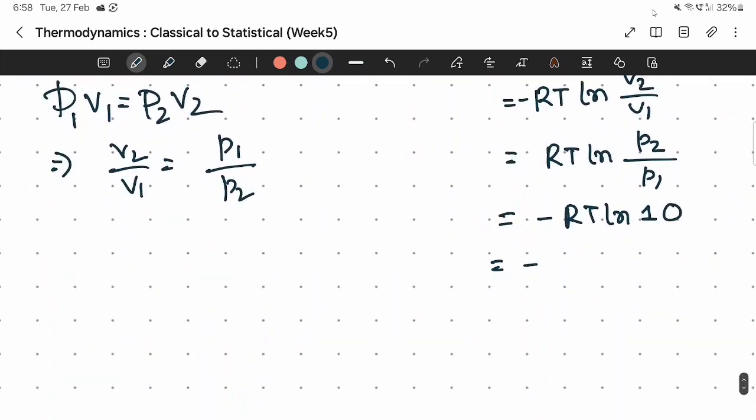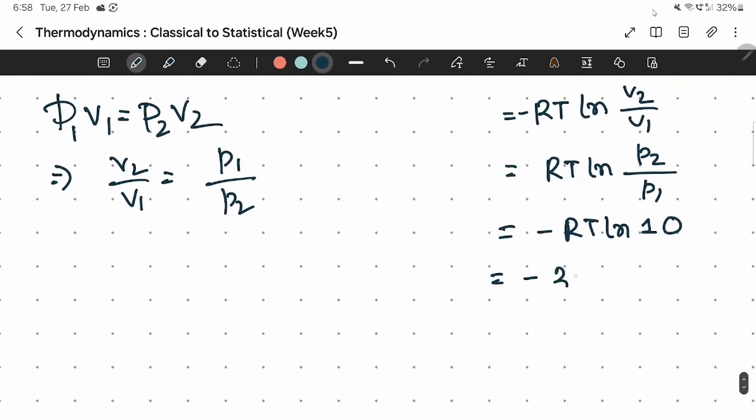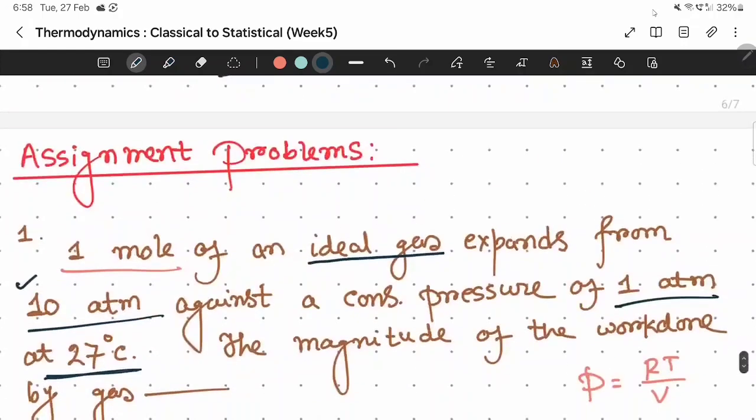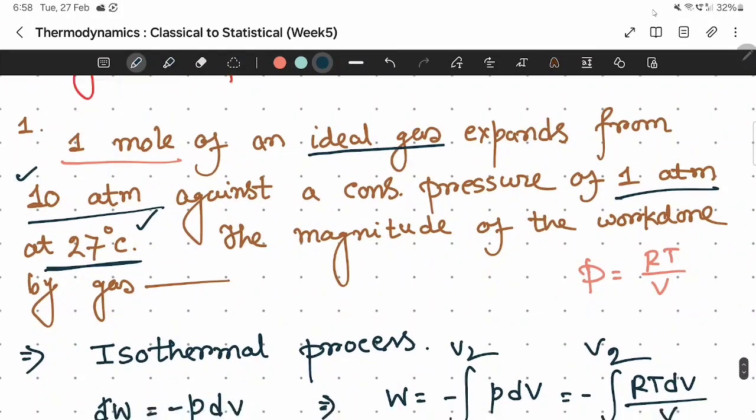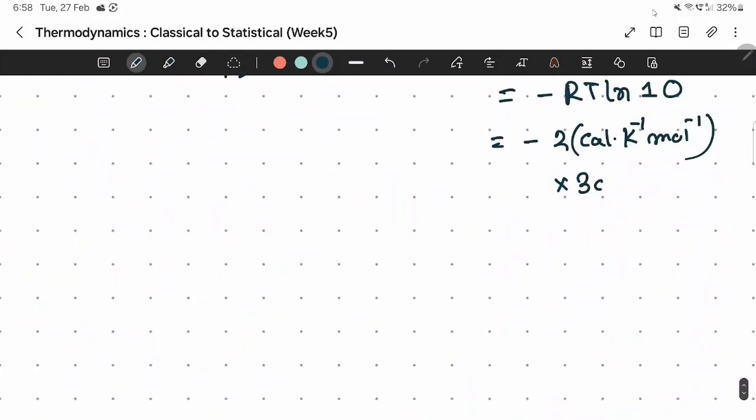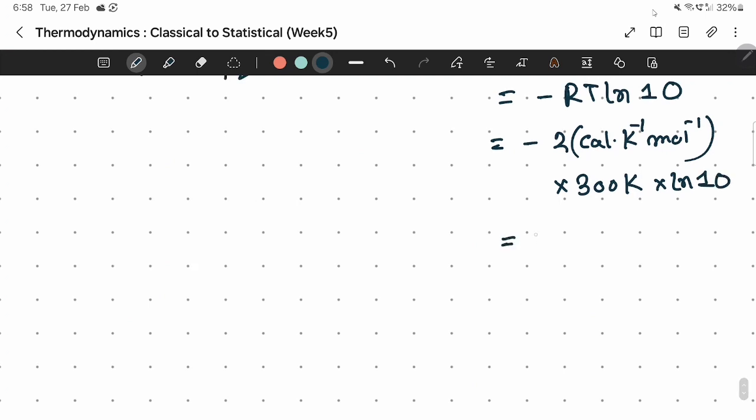So we have to use the calorie. So it is 2 calorie per Kelvin per mole into T. What is T here? 27 means it is 300 Kelvin. So it is minus 2 into 300 into ln 10, in calorie per mole.